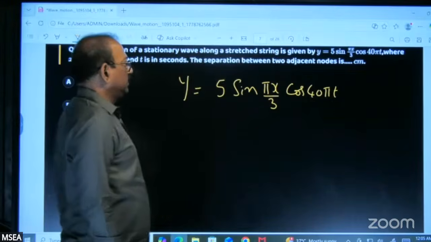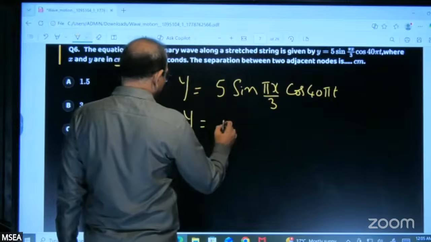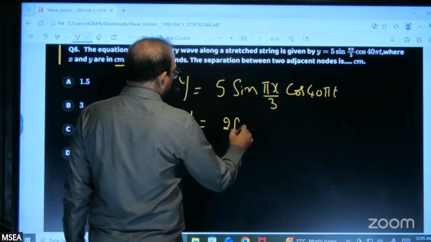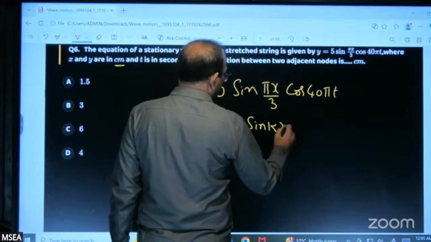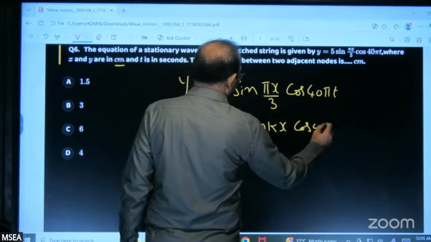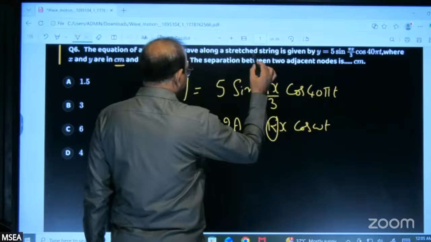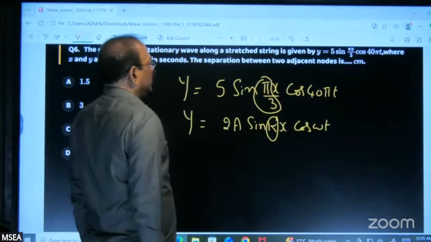What is the general form of this stationary wave equation? Y equal to 2a cos kx or sine kx cos omega t, like this, no? So in place of k, what is there here? Pi by 3 is there.